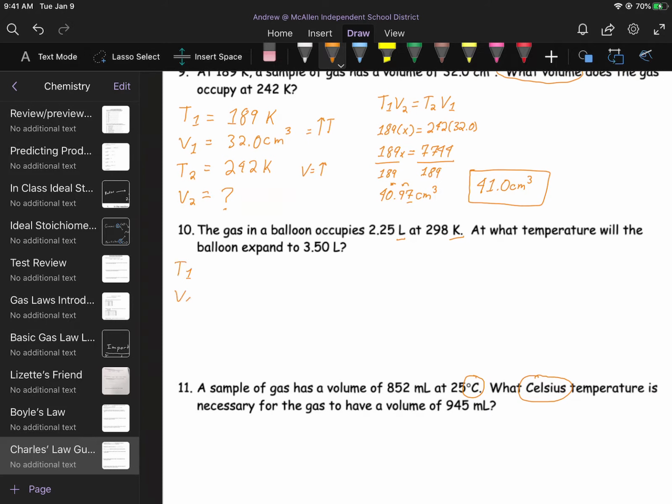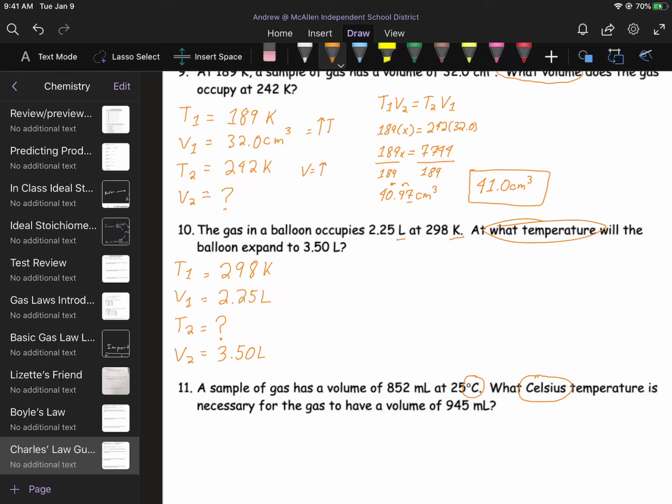So, let's fill in our T's and V's. T1, V1, T2, V2. My first temperature is 298 Kelvin. My first volume is 2.25 liters. At what temperature? So temperature is now my unknown. And my second volume is 3.50 liters.